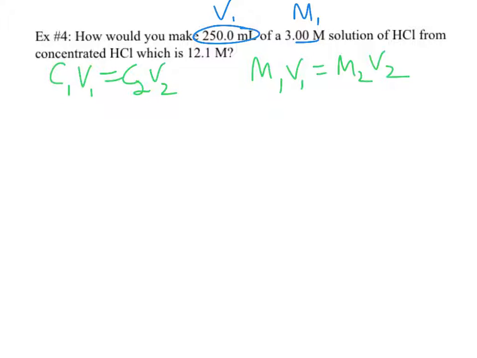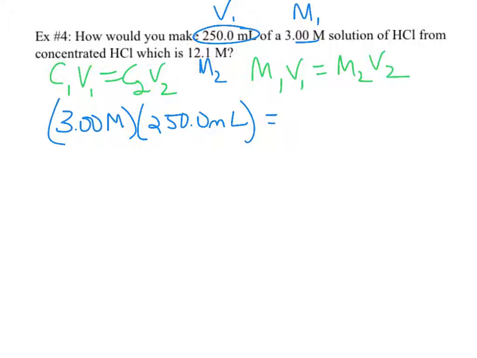And then the concentrated would be my M2. To figure out how much to make, I just need to substitute those into my equation. So the 3.00 molarity times the 250 milliliters. For this equation, it does not have to go to liters as long as your units match on the other side.